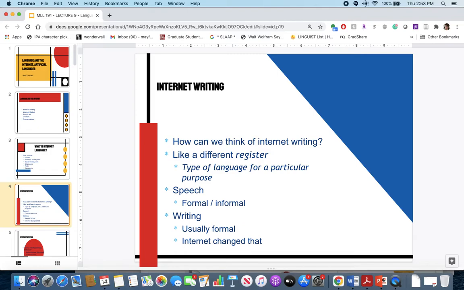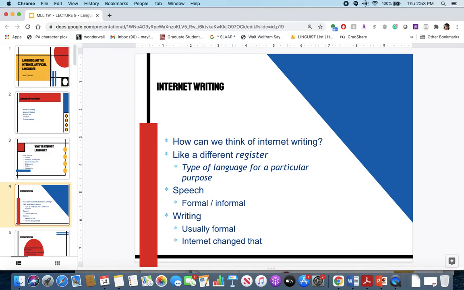When you write on the internet, think about the ways in which it sounds a lot like how you talk, right? So maybe you're using some of those formal or informal language patterns in your writing. Or it could be something that's very formal. How you write in an email could be very different from how you are referencing things on a social media platform.